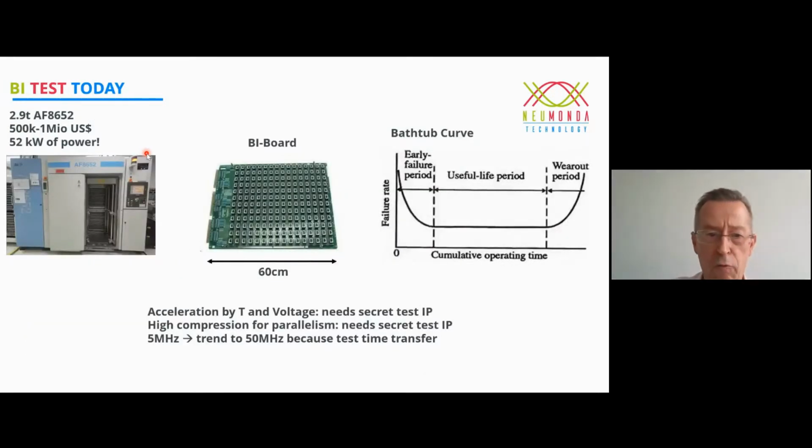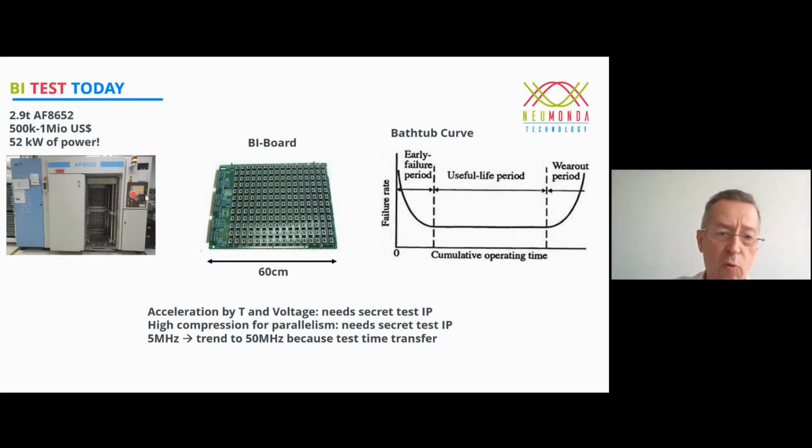So let's go through those different steps. Why are they necessary and what's happening there? So this is a typical burn-in test system. You slide open the door. Then you have boards with sockets, and the memory components to be tested are inserted in those sockets. Very high parallelism, maybe 300-400 pieces.